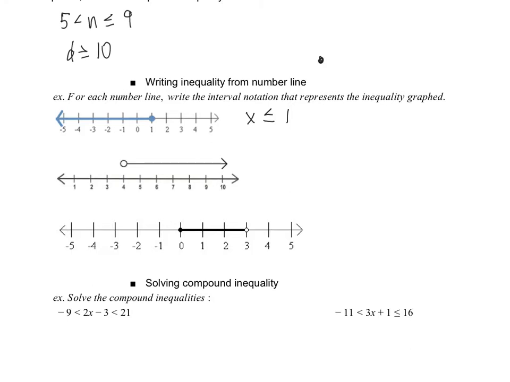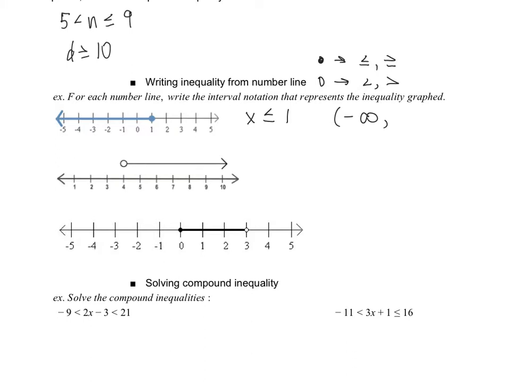So closed circle is less than or equal to or greater than or equal to, which would mean open circle is less than or greater than. Okay. When it comes to the interval notation, this is where I involve the infinities with parentheses and brackets. So every number less than or equal to 1, so less than or equal to always means I start with a negative infinity.